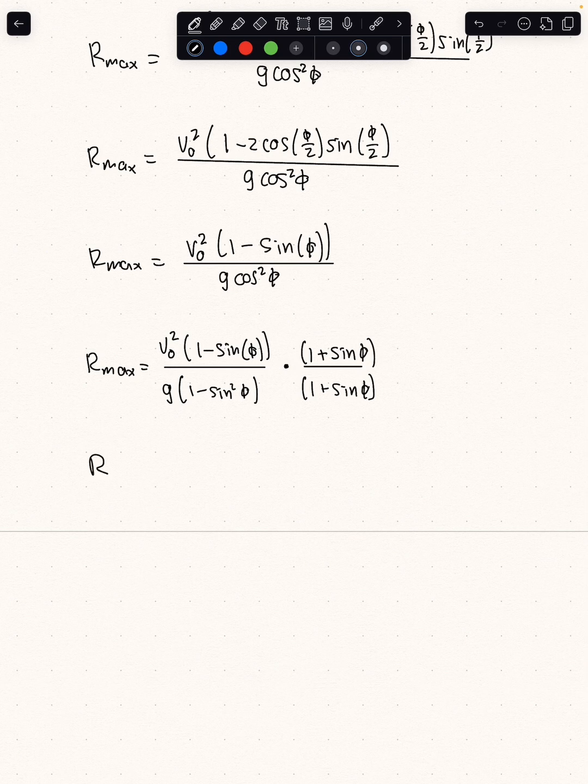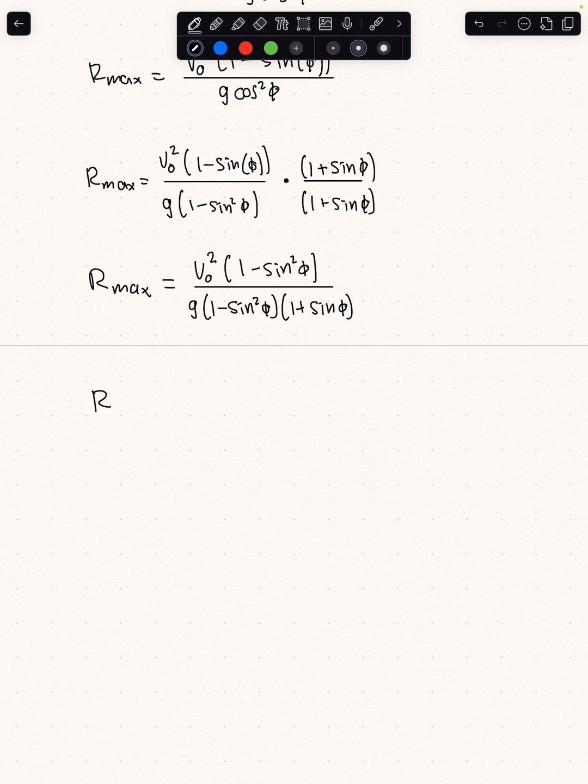Okay, we have R max equal to V naught squared times 1 minus sine squared of phi, over g times 1 minus sine squared of phi, times 1 plus sine of phi.